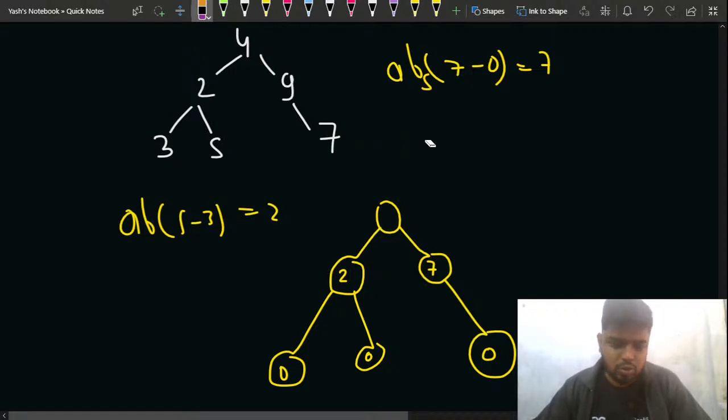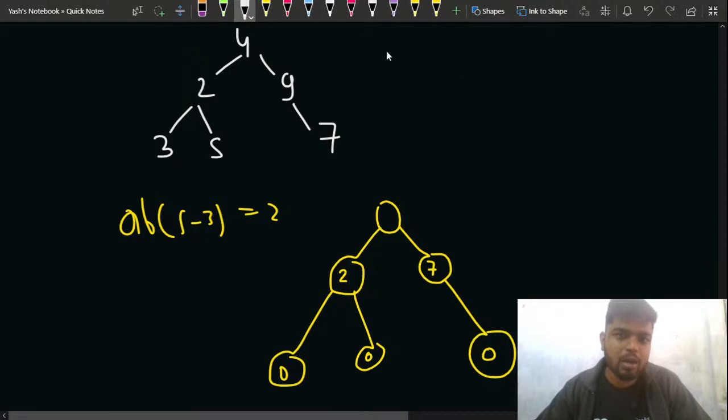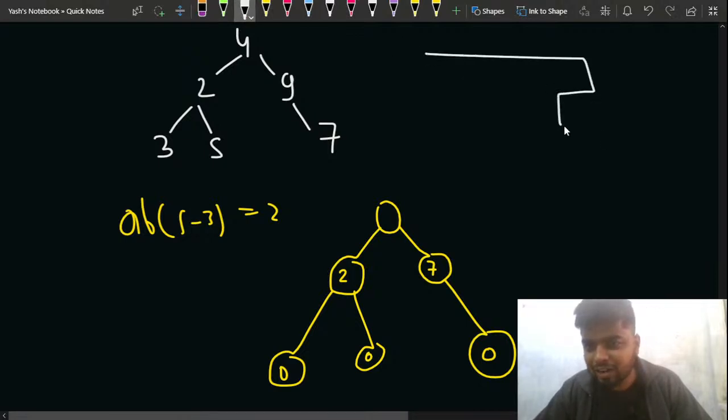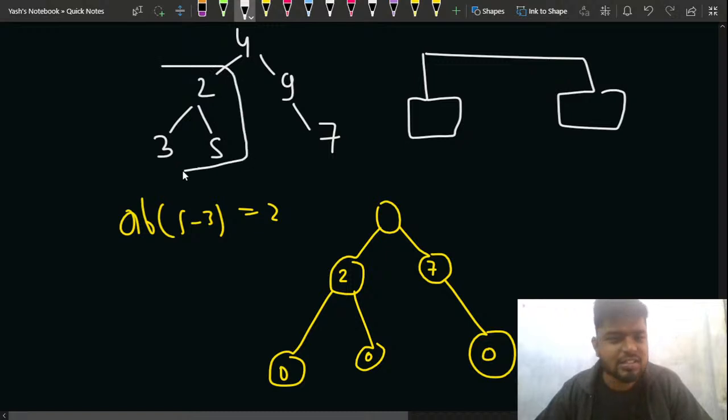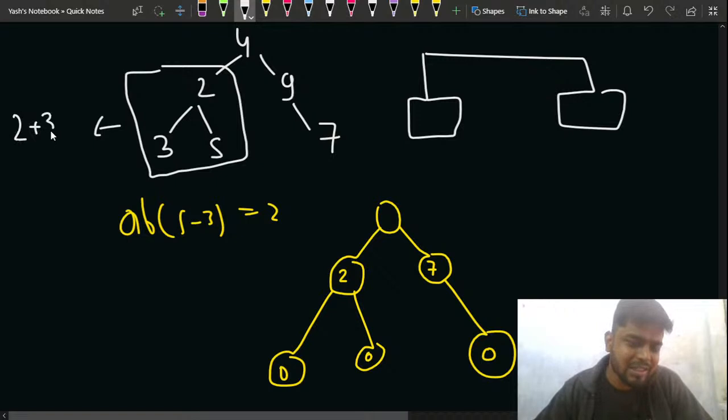Let me just make some space, and let's now try to understand how I will calculate the tilt for the root. As I told you, you will have a weight on the left and a weight on the right. So what is the total weight on the left? This is 2 plus 3 plus 5. What does this mean?